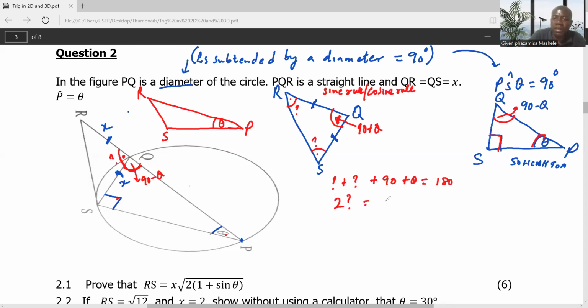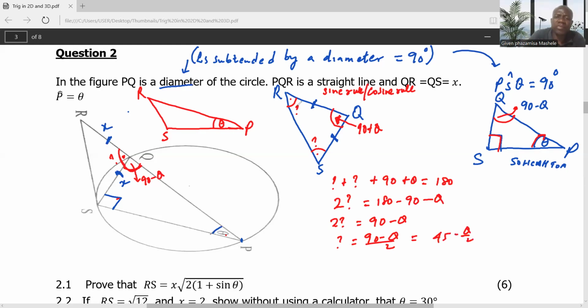Let's transpose 180 minus 90 minus theta. Now I see. So two of them, this is 90 minus theta. Let's divide by 2. So each should be 90 minus theta divided by 2, which is just 45 minus theta over 2.